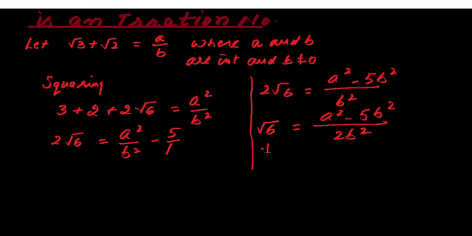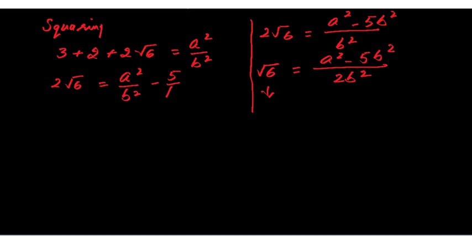Here this contradiction arises once again. I am writing it in expanded form so that you can understand it clearly. Here comes this statement, a square minus 5b square upon 2b square.